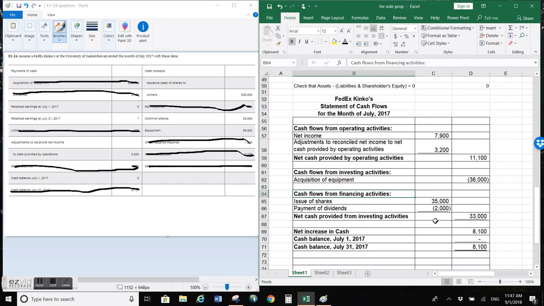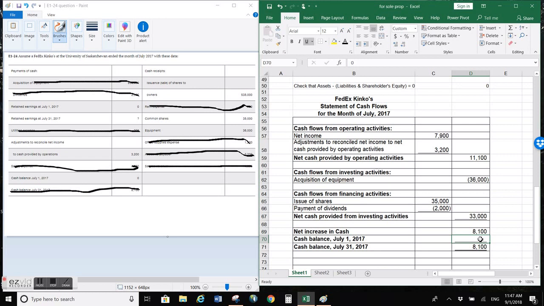Lastly, we have cash flows from financing activities. This is borrowing or equity, and cash went in when they issued shares, and it went out when they paid dividends. So that's the net increase of those investing activities in this case. So if you add those three categories up, you see that cash increased by $8,100.